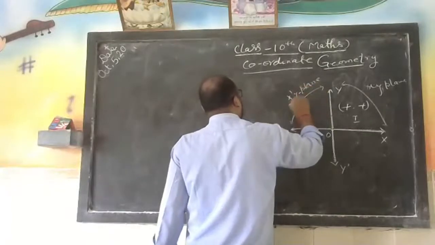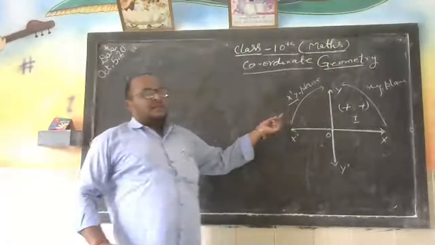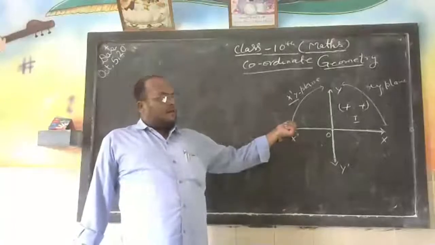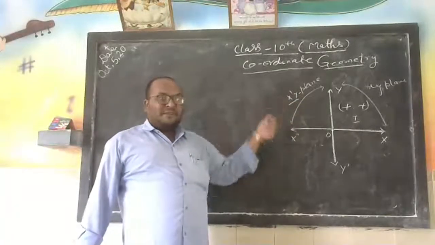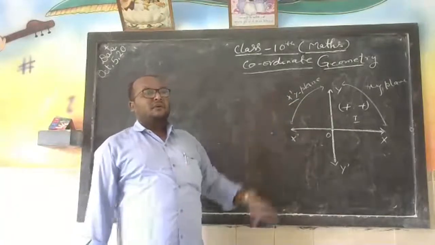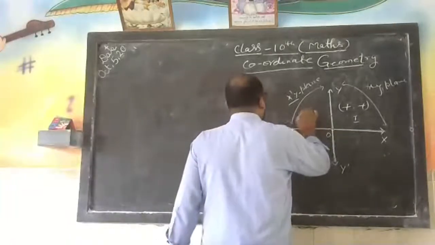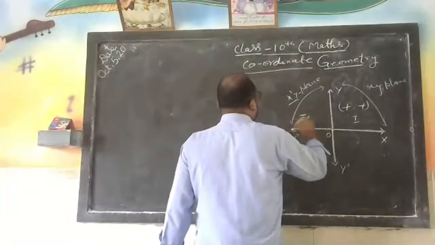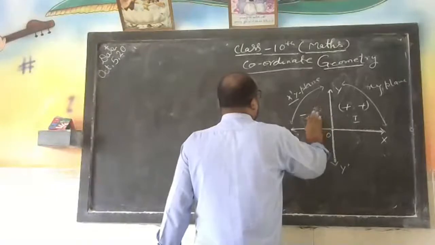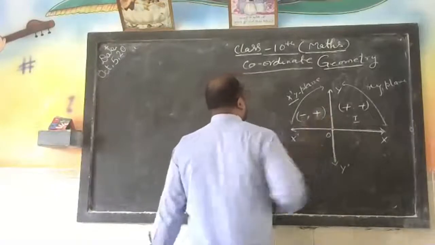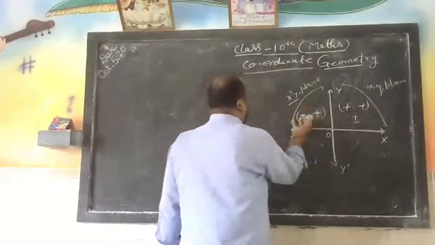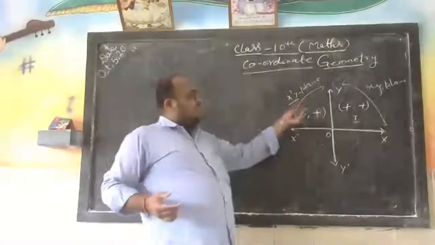In this situation, one point will be negative and one will be positive. That means x will always be negative and y will be positive. Clear? So it is the negative-positive plane.